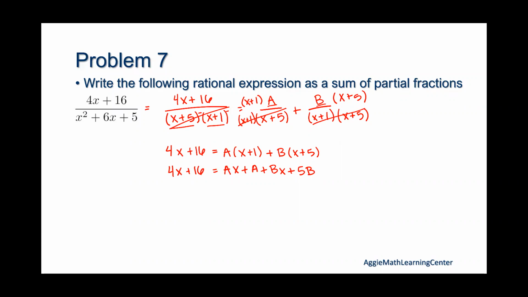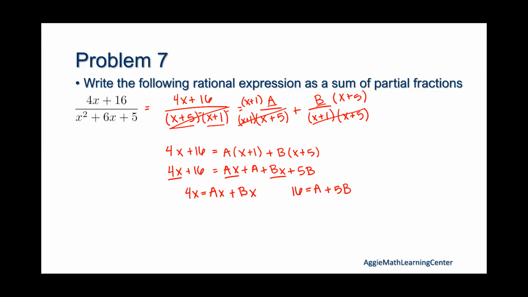If you had x squareds, those are the only ones that can add together. So basically ax plus bx has to equal 4x because it can't add to anything else. Same thing, a plus 5b has to add to 16 for the same reason. So we know that 4x has to be equal to ax plus bx, and 16 has to be equal to a plus 5b.